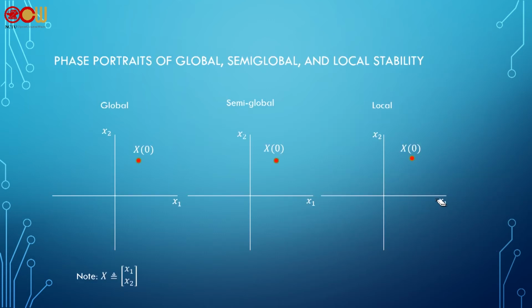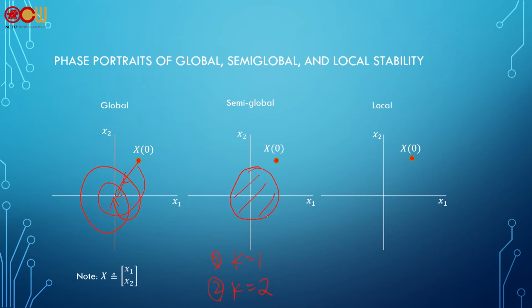So for example, the global case is if you start from some point x0, it will converge to the origin. For semi-global, you need to choose a k greater than some value. If k is 1, then only initial conditions in this range will be stable.